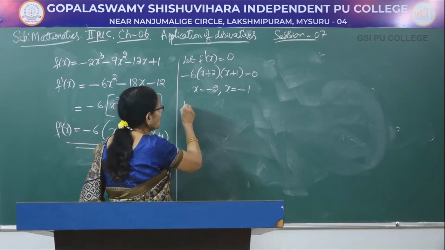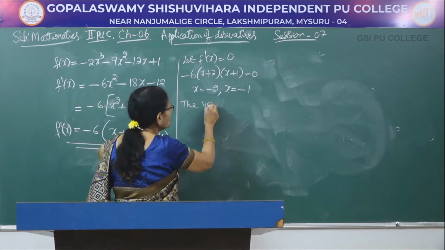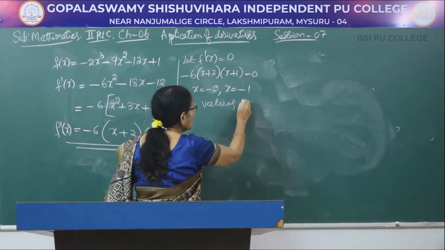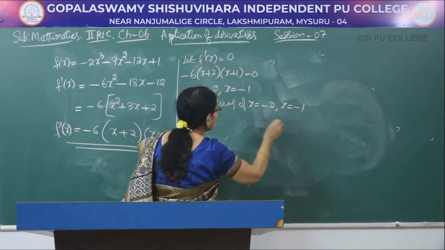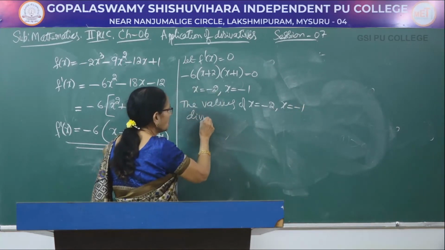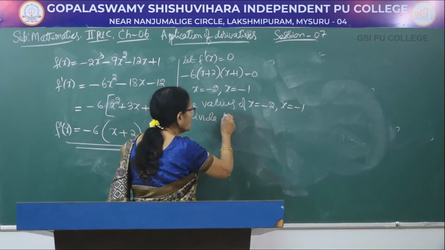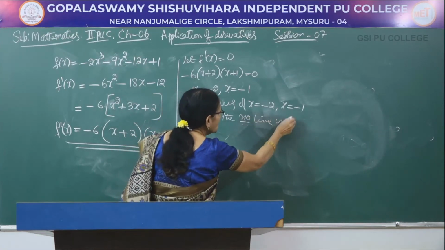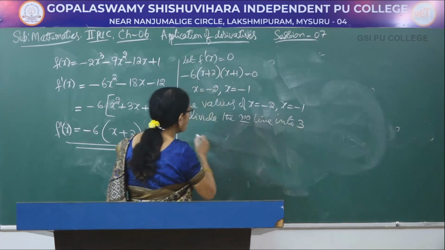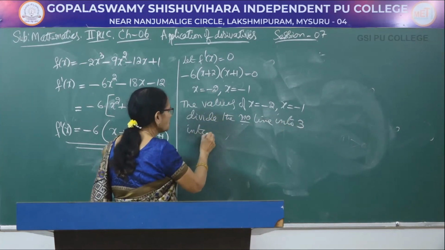Now, you write the values x is equal to minus 2, x is equal to minus 1, and divide the number line into 3 intervals.